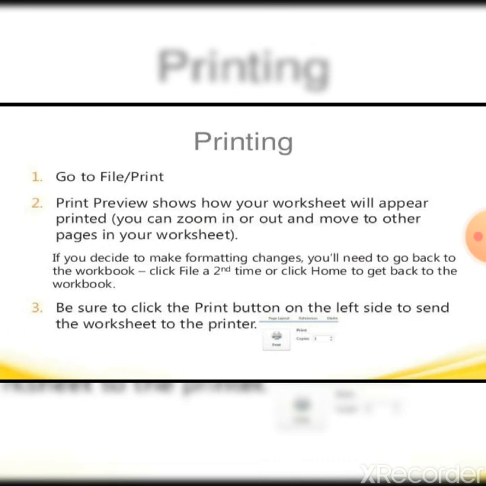Now I will explain you how to print an Excel worksheet. For printing worksheet, you have to click on File menu, then choose Print option. Or you can use Ctrl+P shortcut key for printing your worksheet.